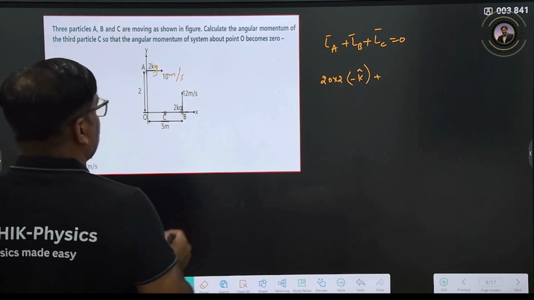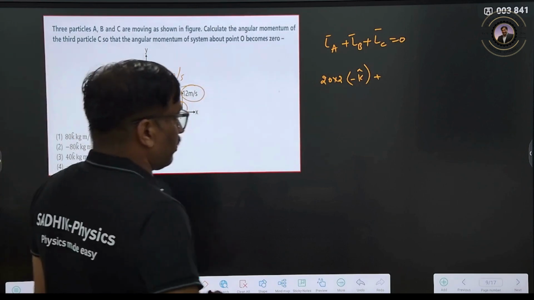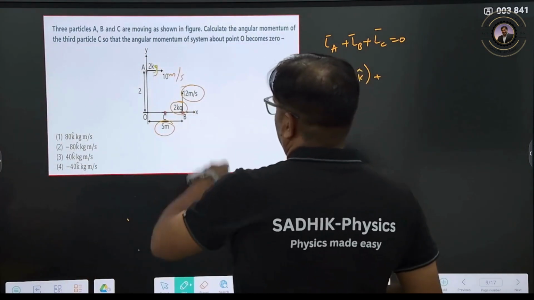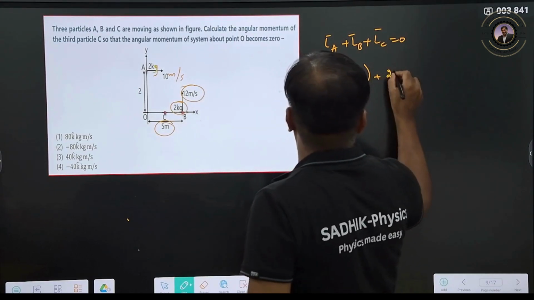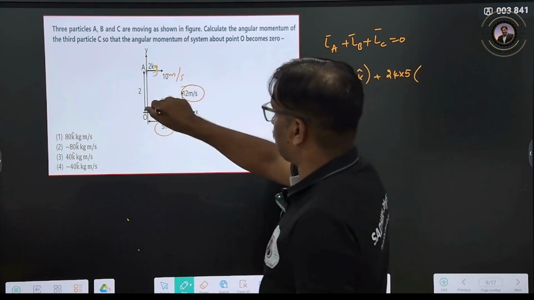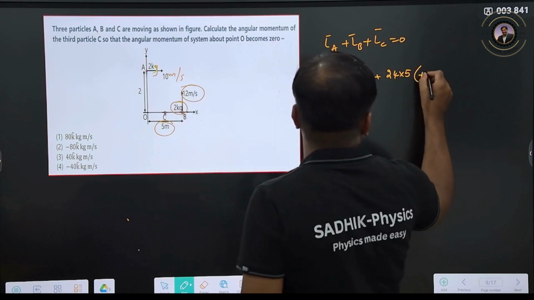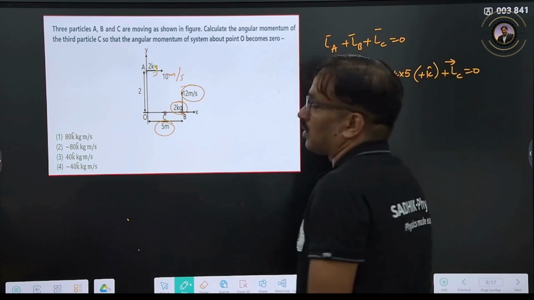The distance is 5 meters, 2 kg moving at 12 meters per second. So 2 into 12 is 24, into 5. It is outward, therefore plus k cap, plus the angular momentum of C, and it should be equal to 0.